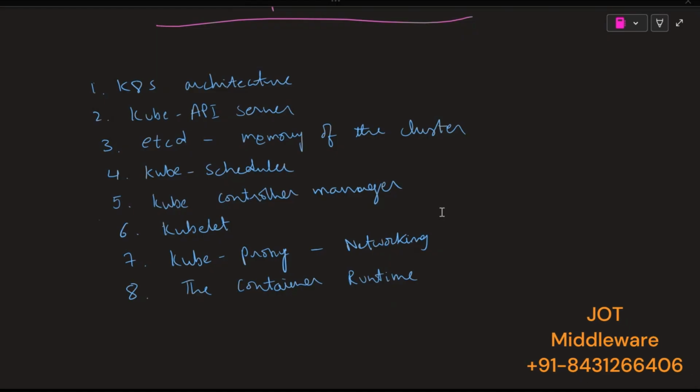And etcd behaves like a WebLogic domain configuration. In a WebLogic domain, the main configuration file is config.xml, which contains all the information about your WebLogic domain. So etcd is the memory in Kubernetes. It behaves the same way.